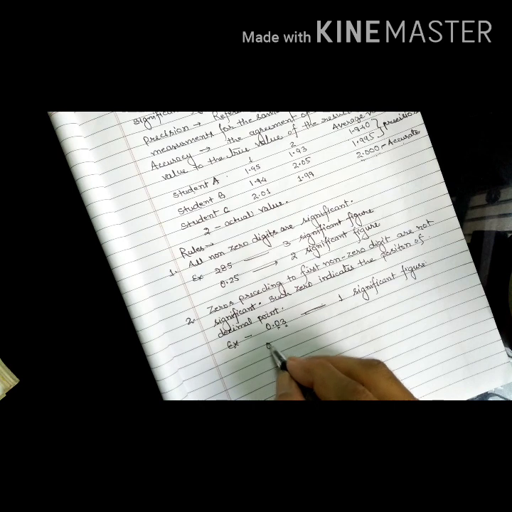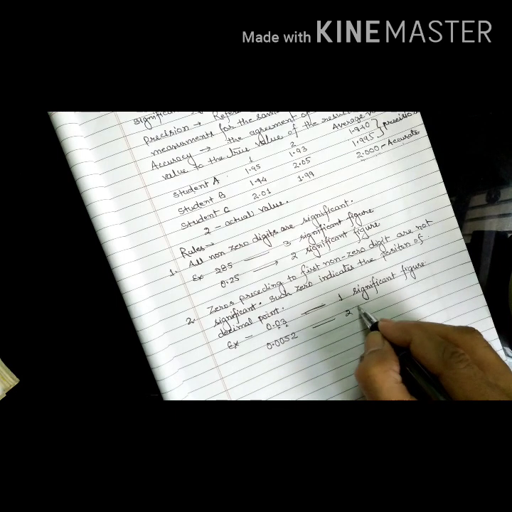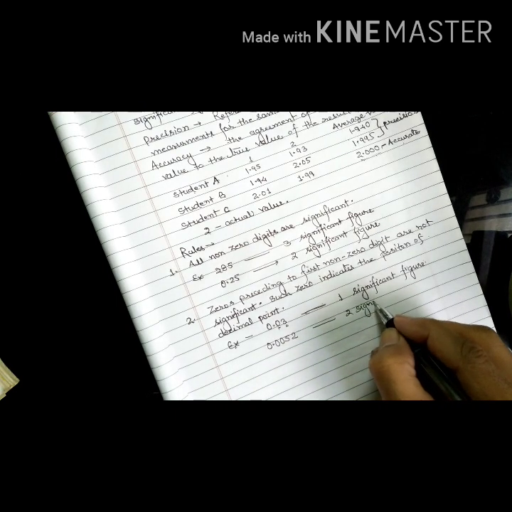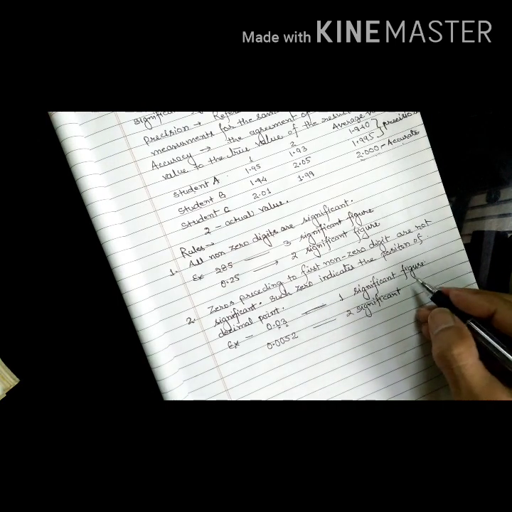Another example, 0.0052. It has only 2 significant figures.